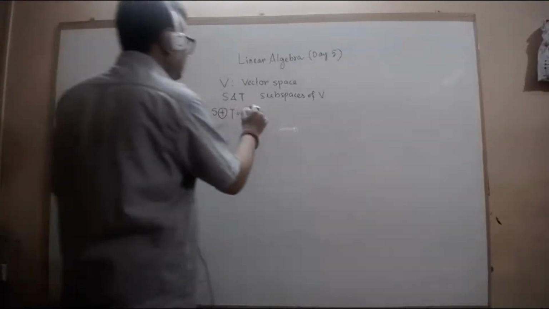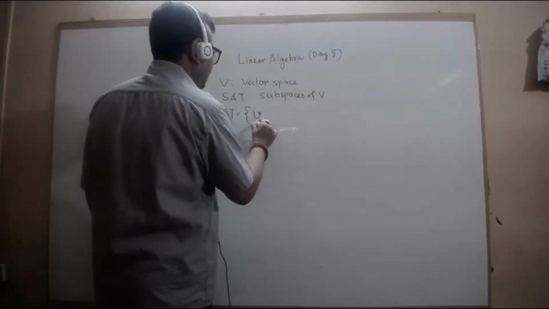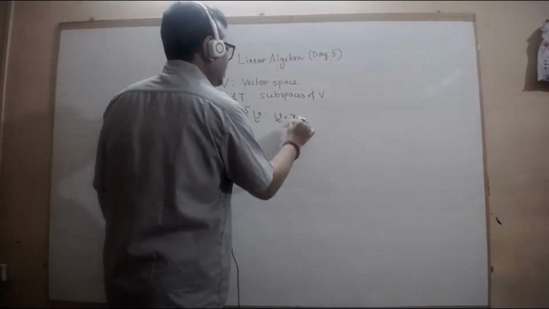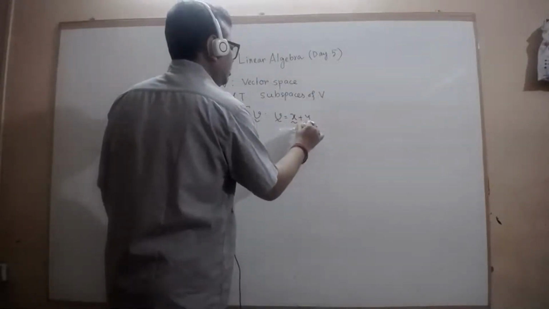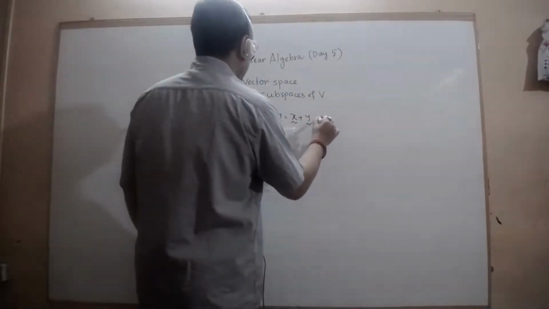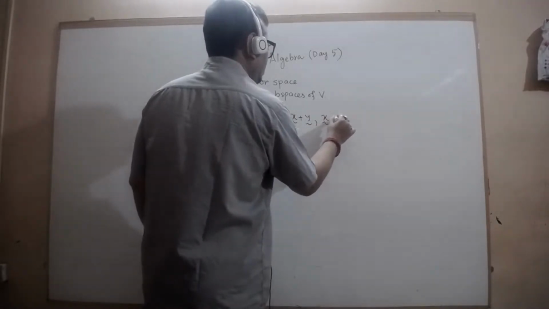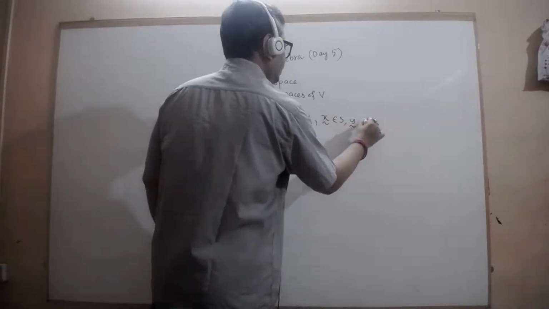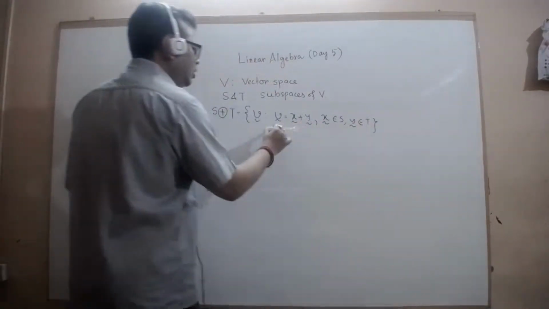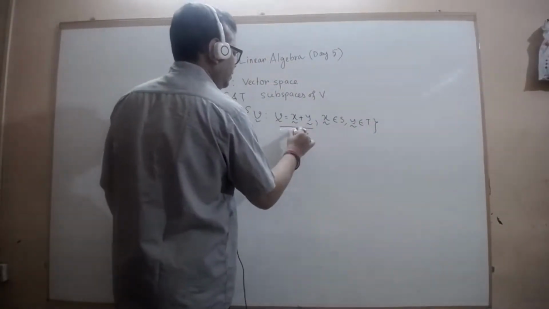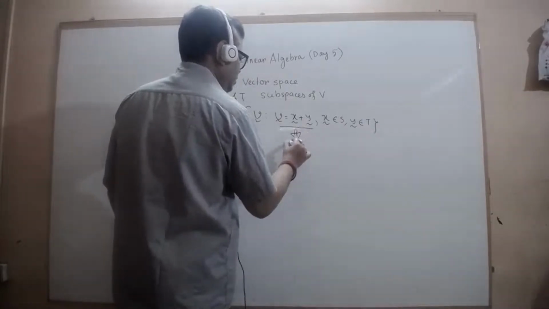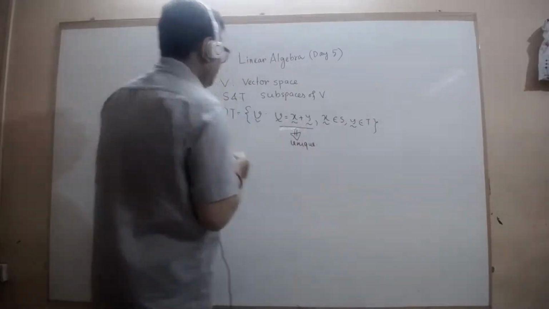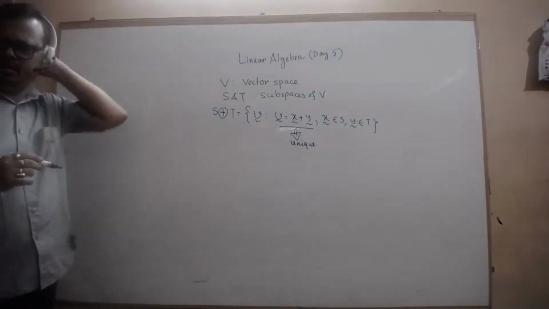It is a collection of vectors v curl such that v curl equals x curl plus y curl, where x curl belongs to S and y curl belongs to T, and this decomposition should be unique. This is the definition of direct sum which I already defined.